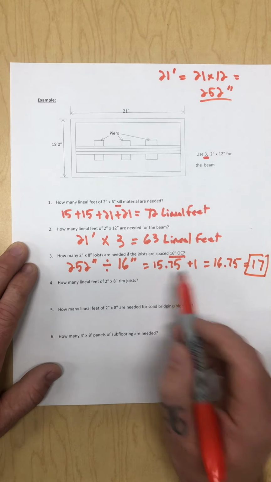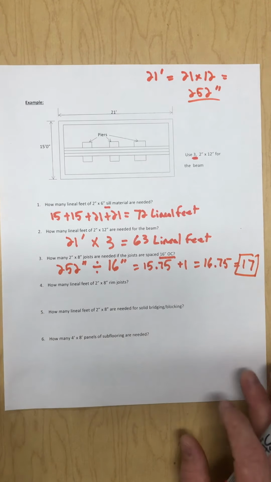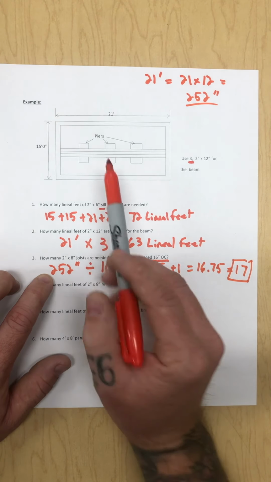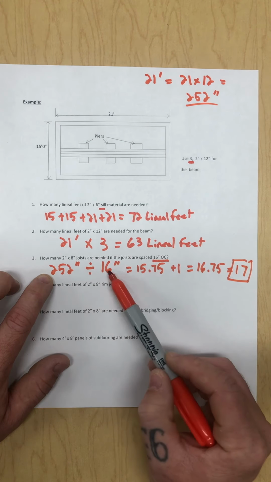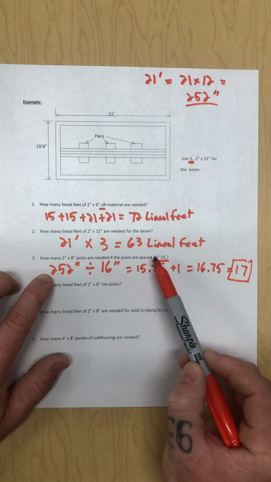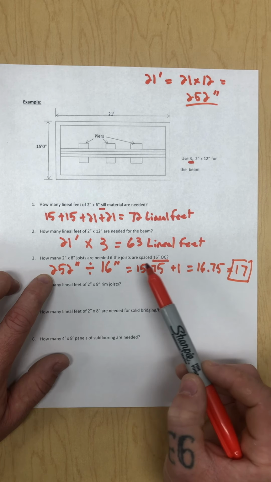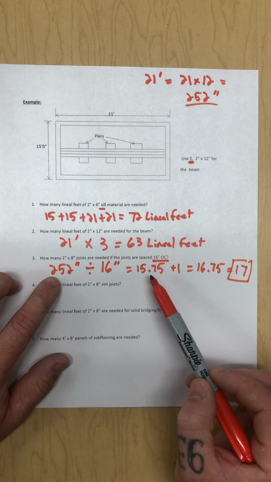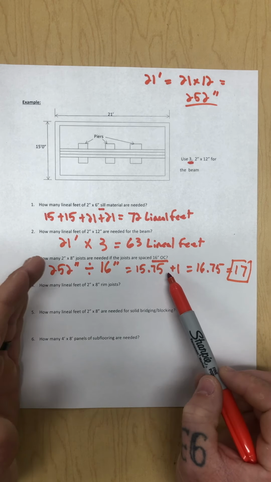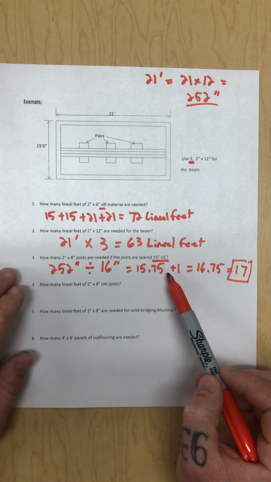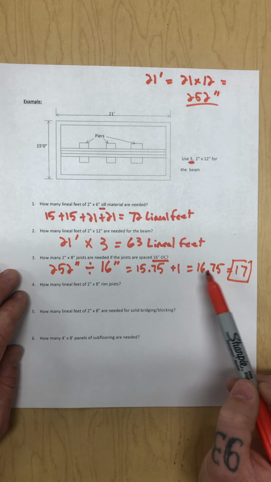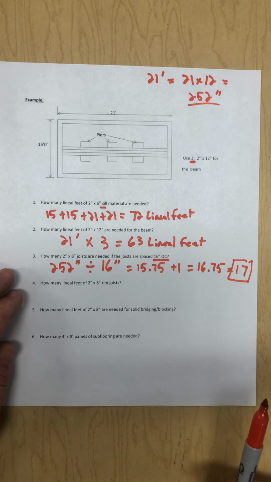You could have rounded back here, but I wanted to write it all out so you could see where everything came from, okay? So 252 is the length of the building in inches. We divided by 16 because each joist is going to be 16 inches apart on center. And so 252 divided by 16 gave us 15.75. We add 1 to that to account for the very beginning floor joist, and that gave us 16.75, but we cannot have 0.75 of a joist, so we had to round it up to 17.